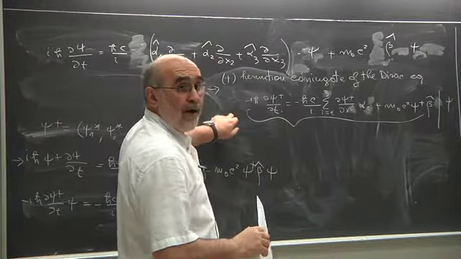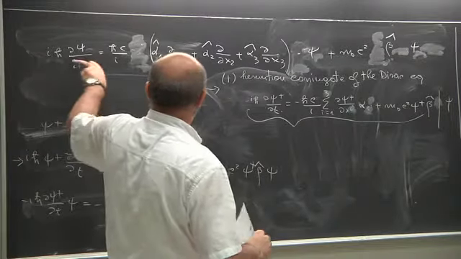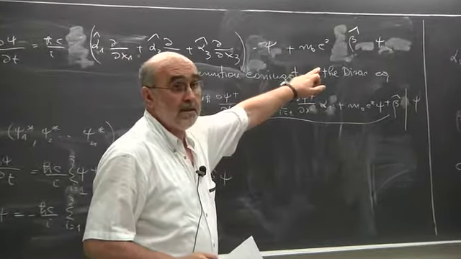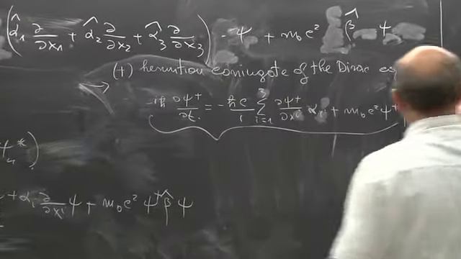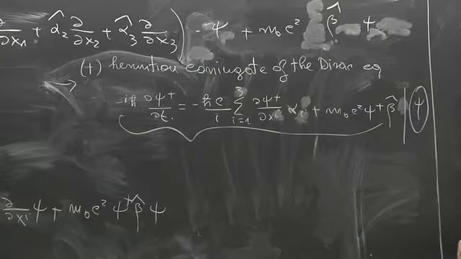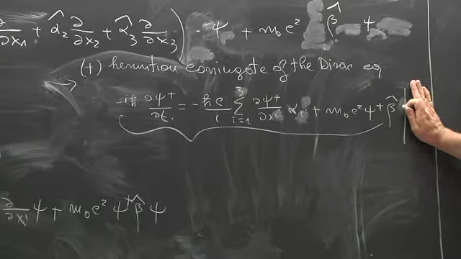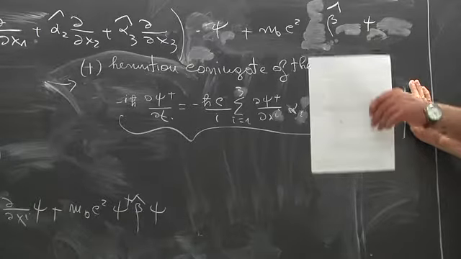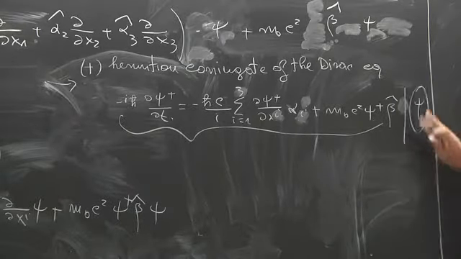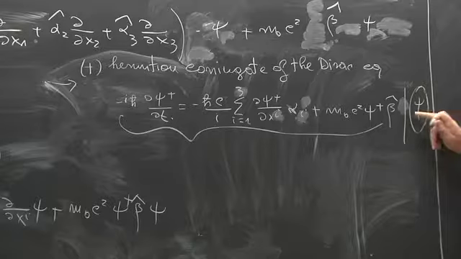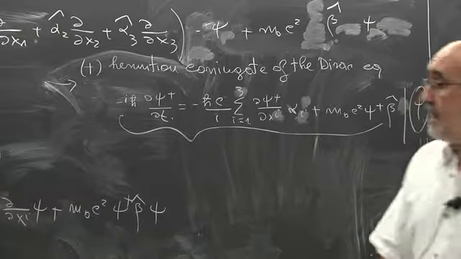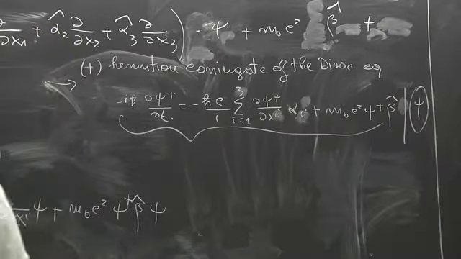This line, how did I get it? I got it by doing the Hermitian conjugate of this here, and then I multiply on the left by psi. So this equation is the Hermitian conjugate of that one, and then I multiply on the left by this. Then what you get is what I'm writing down here.